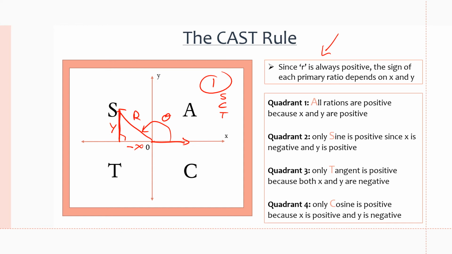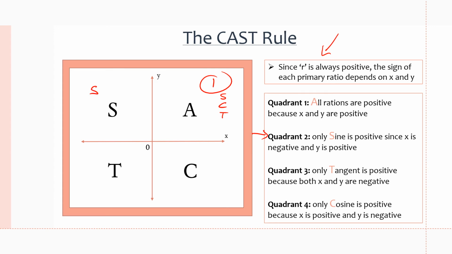So sine of theta is Y over R, which is positive, but cos of theta is negative X over R, which is negative, and tan of theta is Y over negative X, which is also negative. So in quadrant number 2, you can see here, only our sine ratio is positive.